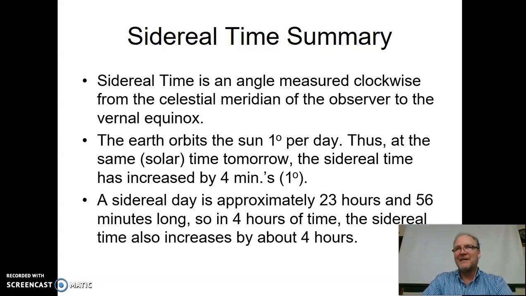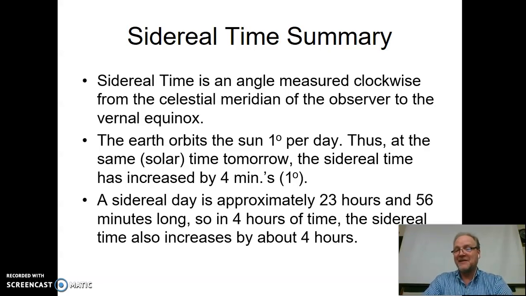But if the sidereal time tomorrow at 8 p.m. is asked for, and it was 8 hours at 8 p.m. tonight, then what would you say? At the same solar time tomorrow, a whole day in the future, then we start working on the fact that it's 4 minutes off. So, then the sidereal time would actually be 8 hours and 4 minutes.